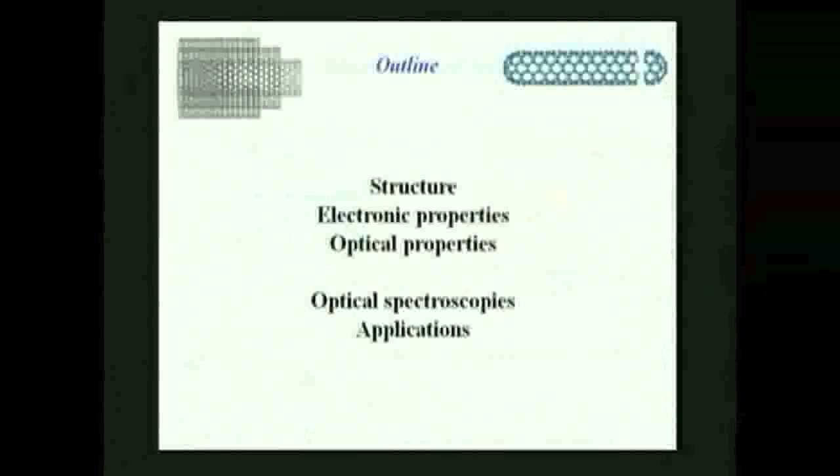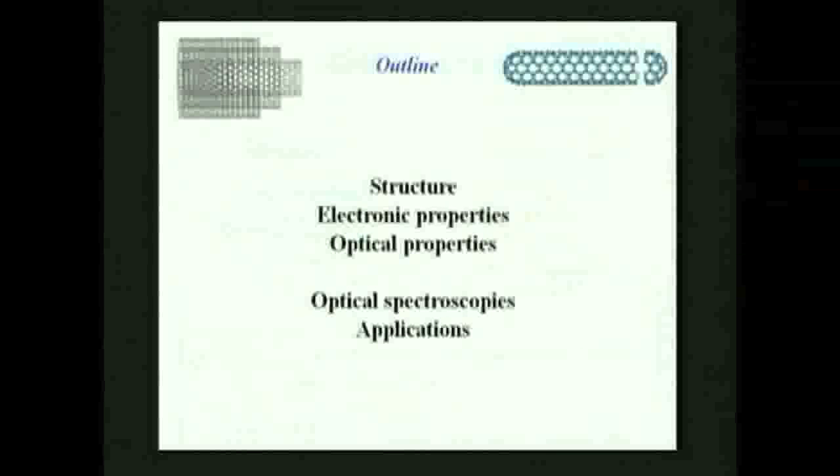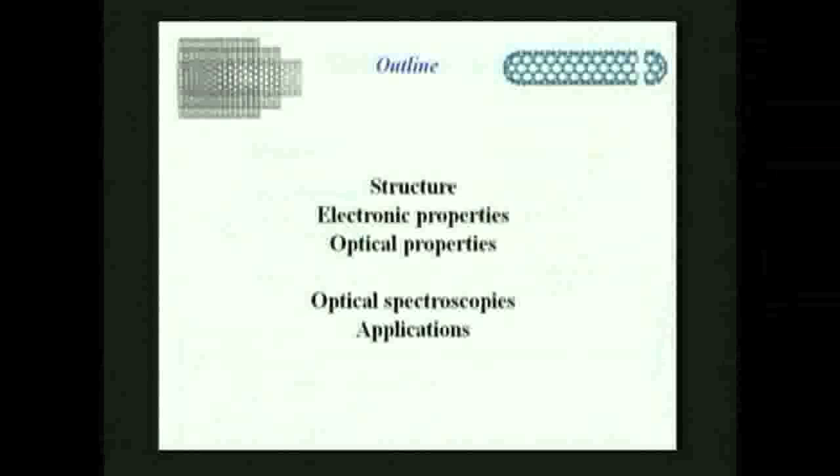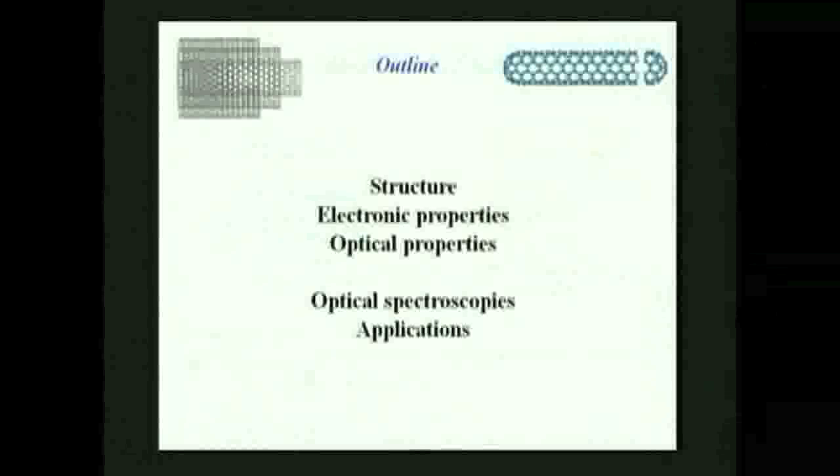This is the outline of the course. So this morning we will start by recalling what the structure of a nanotube is. We will not go into detail because you had this course from Vincent Jourdain the week before, but we will recall some main results.